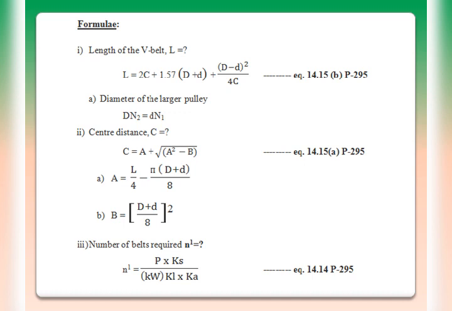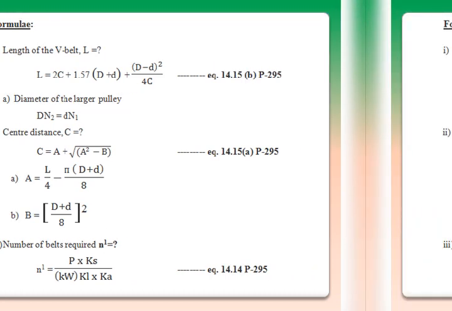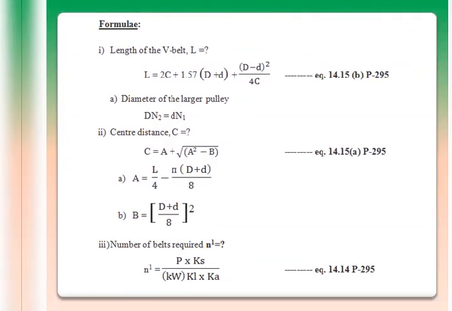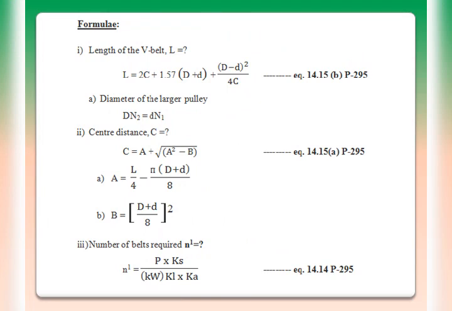Next, center distance C is equal to. Soon after finalizing the values of capital D and small d, we are supposed to find the correct center distance. That can be obtained by using equation 14.15a, page number 295. Center distance C is equal to A plus square root of A square minus B. That relation we are supposed to use, where A is equal to, we must use one more equation, that is capital L divided by 4 minus pi into capital D plus small d divided by 8.